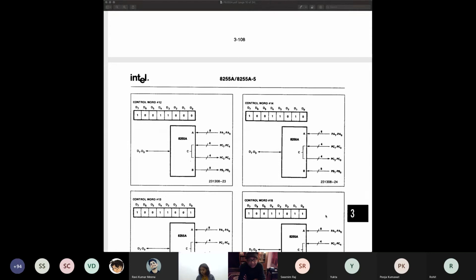Use 8255 to make 10 8-bit IO ports. That means 80 bits will be there.